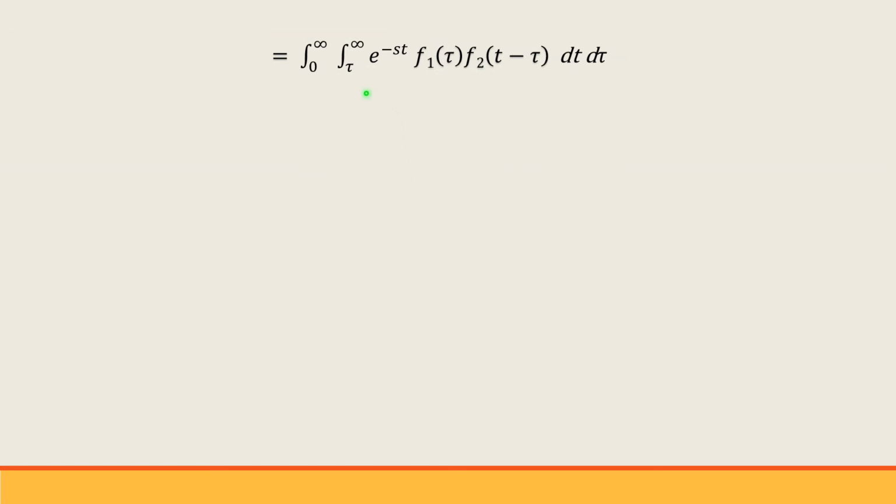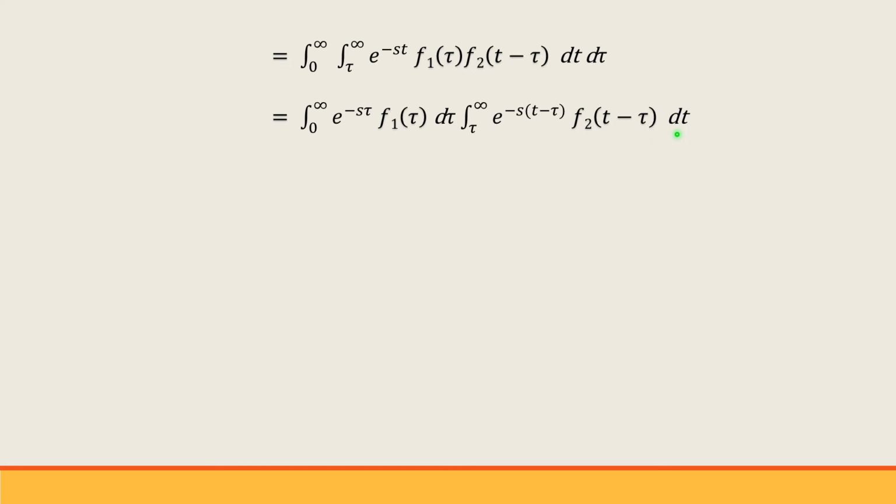Now, we can also write this as integral 0 to infinity e raised to the power minus s tau into f1 tau d tau into integral tau to infinity e raised to the power minus s into t minus tau into f2 t minus tau dt.